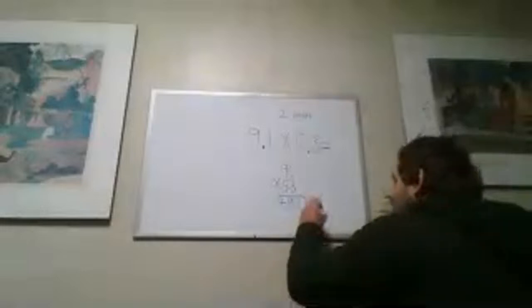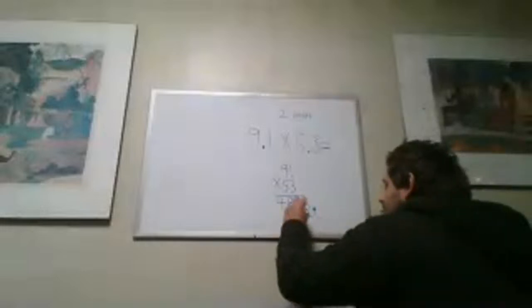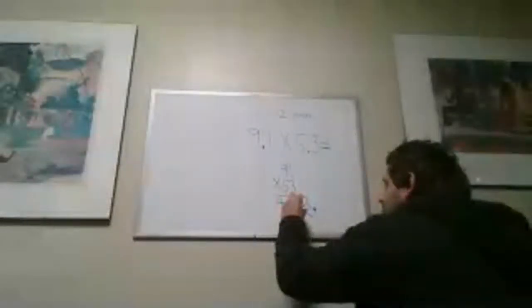We have to move the decimal point over two places. So here we go. 1, 2. So we have our final answer. 9.1 times 5.3 equals 48.23, or the proper way to say it, 48 and 23 hundredths.